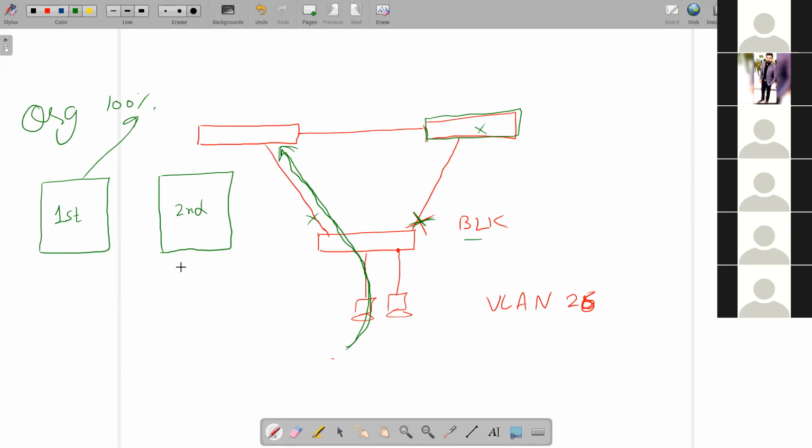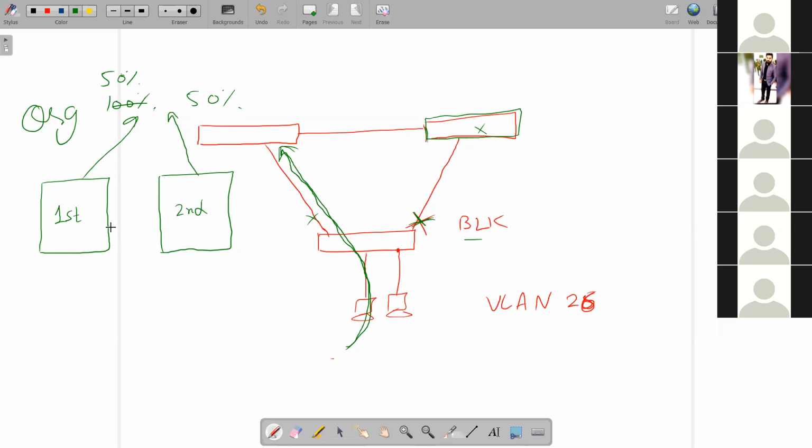So what should be the best way? Yes, distribution. You need to distribute the load onto both generators. You may put 50% load on the first generator and 50% load on the second generator so that you can utilize both of the resources.